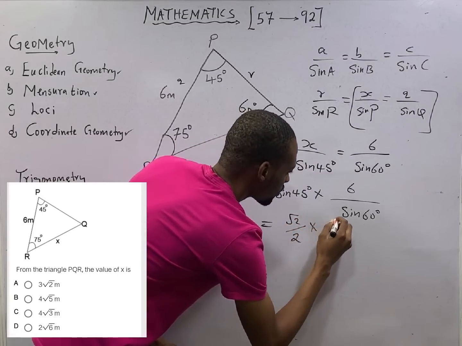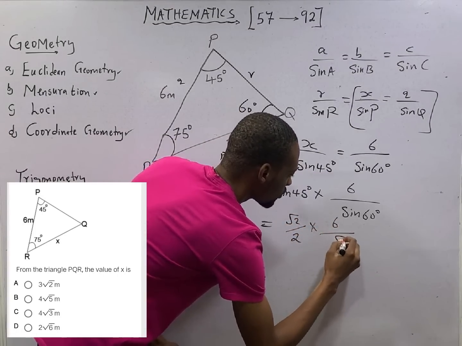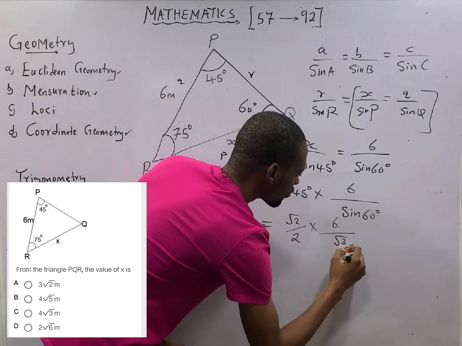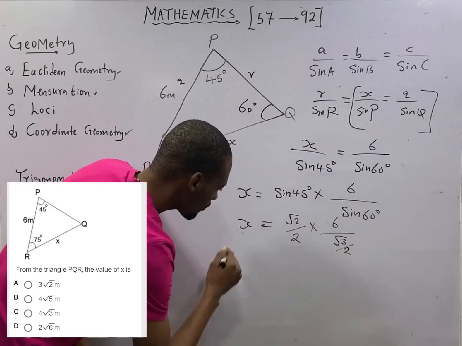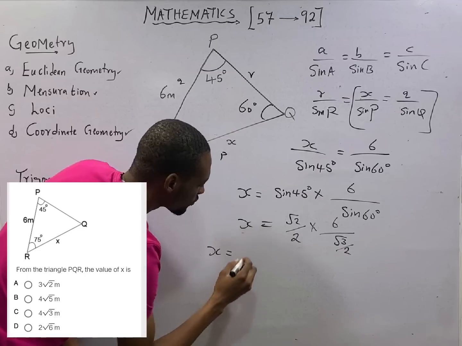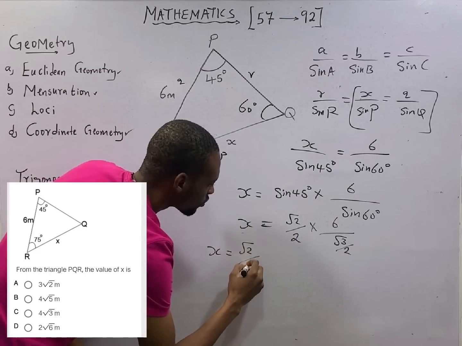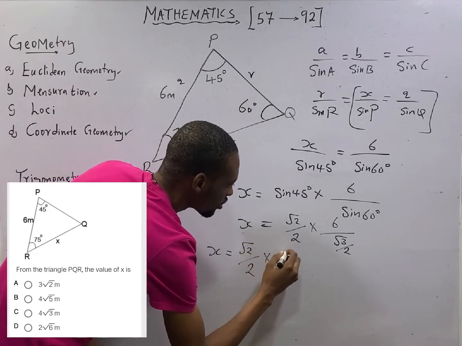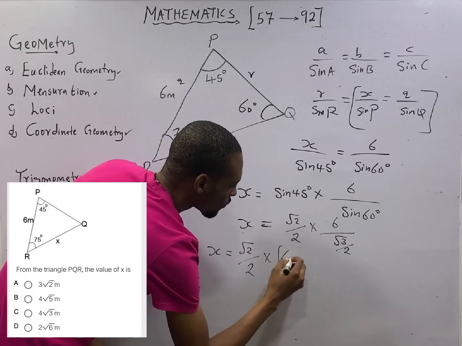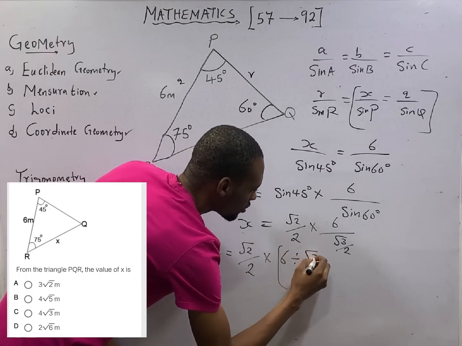Times 6, is equal to 6 divided by root 3.